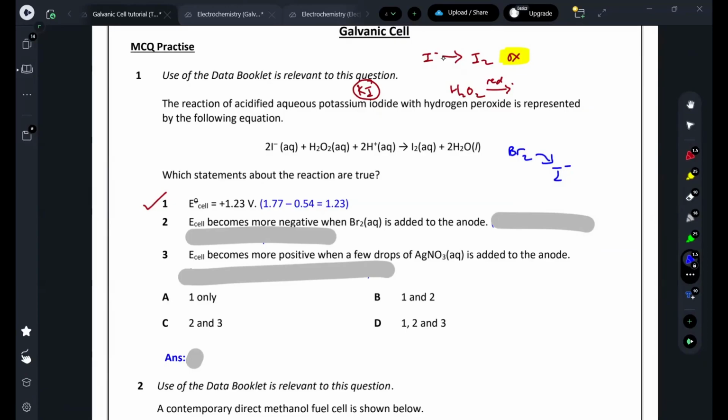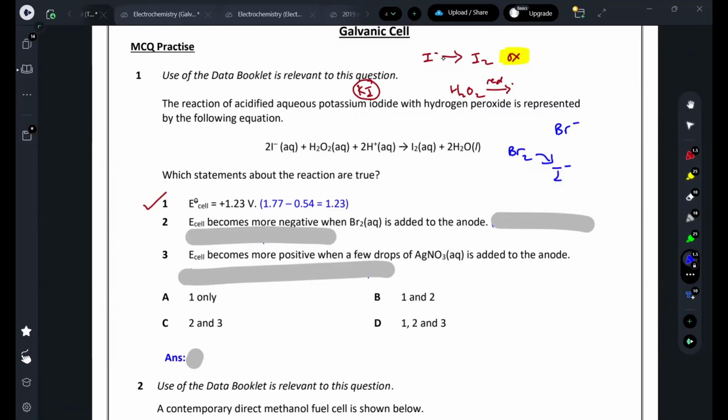Displacement, right? Because Br is more reactive compared to I minus. So it will displace out because it's higher in reactivity. So what happens is that now you will get the Br minus half cell instead of an iodine half cell.